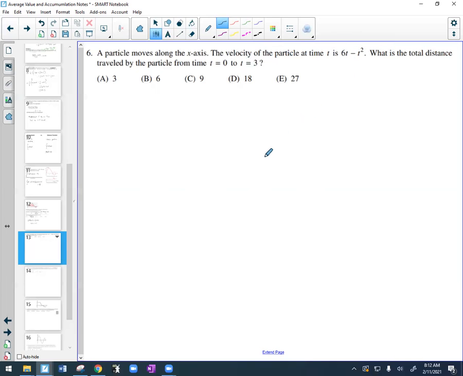It's just the same as a regular antiderivative. Basically, if v of t is greater than 0 from 0 to 3, then v of t is the same as the absolute value of v of t. That's the concept I'm using here.